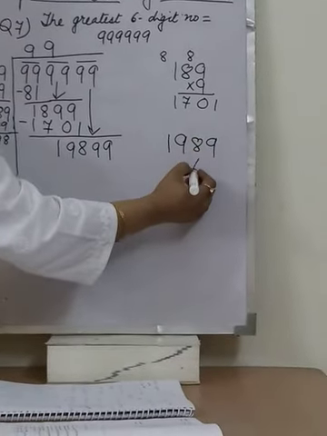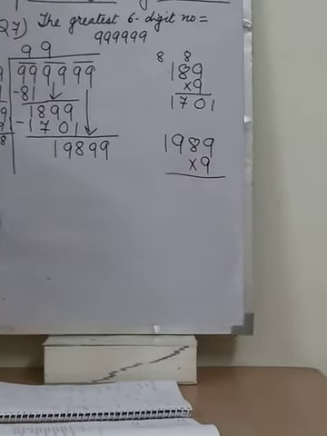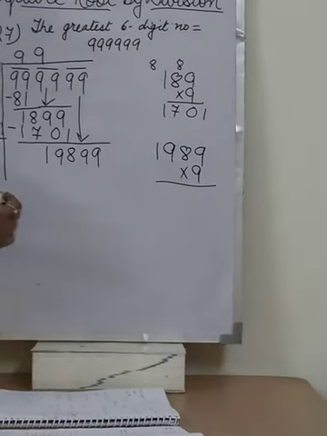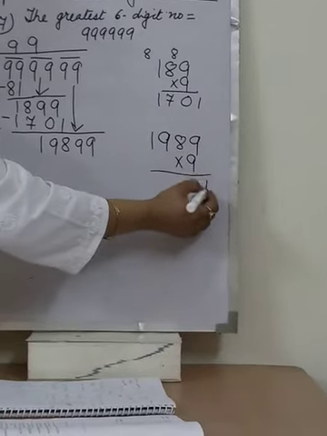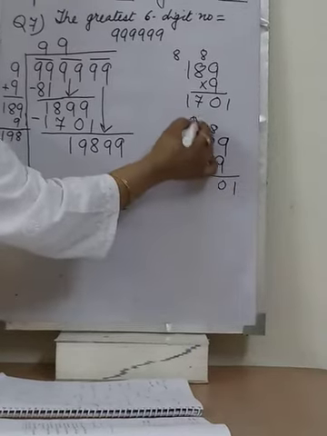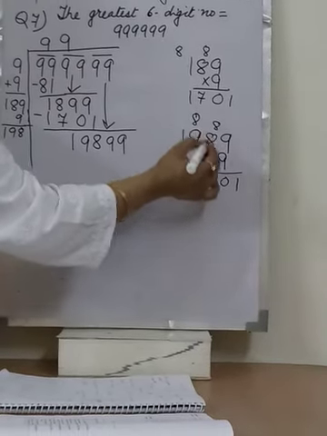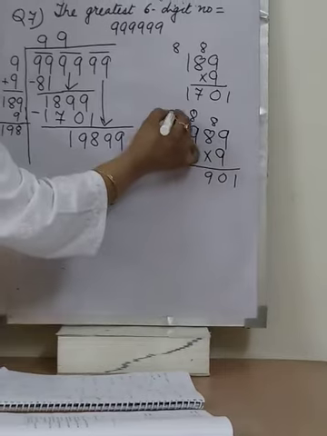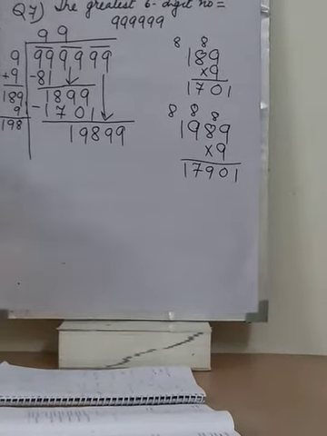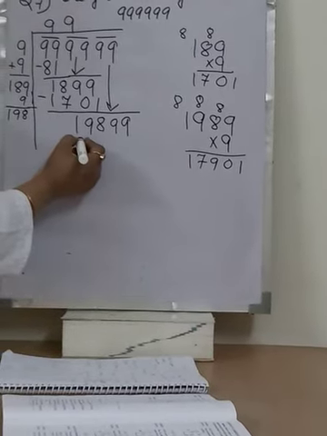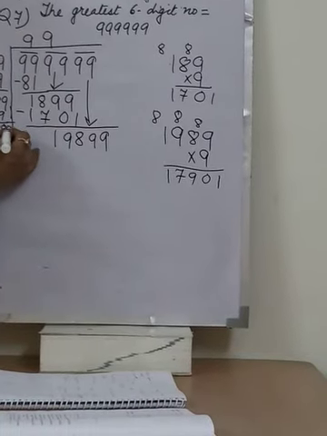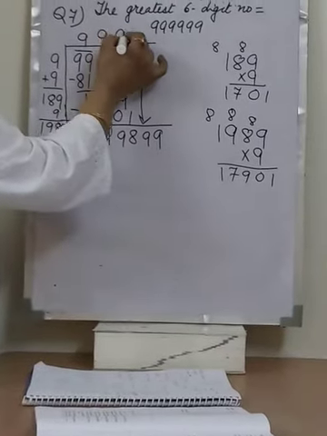It is again 9. When you multiply 1989 with 9, what will you get? You will get 17,901. So what I am going to put in front of 198 is 9. So I write one more 9 here.